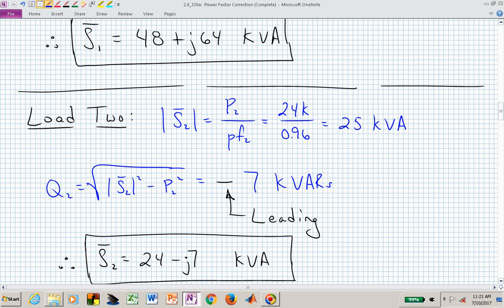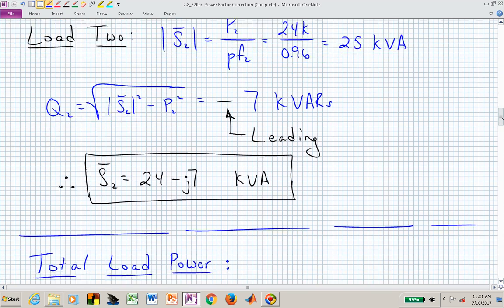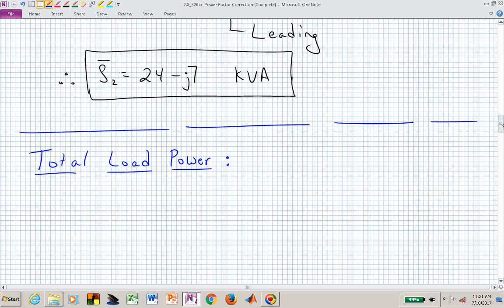Now we're going down for Q sub 2 relative to the horizontal length of 24,000. We go down in the vertical direction 7,000 volt amperes reactive, for a complex power of load 2 equal to 24 minus j7.